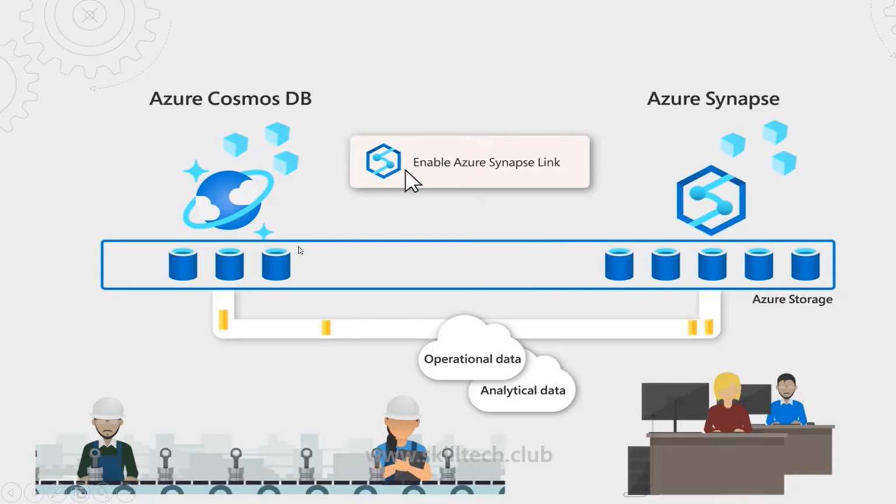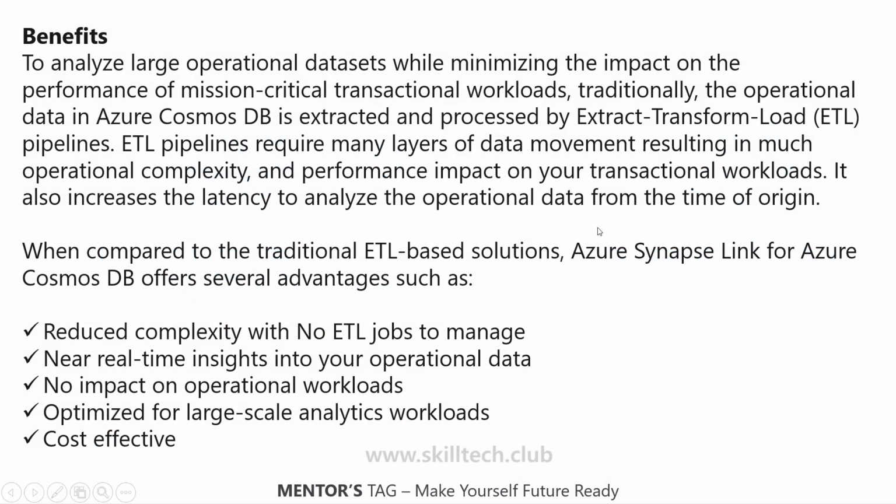The moment some data is changed in Cosmos DB, it will be reflected inside the Synapse. And that is something which will be taken care of when you write queries on that. How Synapse Link is configured in Cosmos DB, how you integrate this, and how you write queries in Azure Synapse Analytics, all these we are going to see in this particular video. Before this, let's try to understand one last part of this theoretical concept.